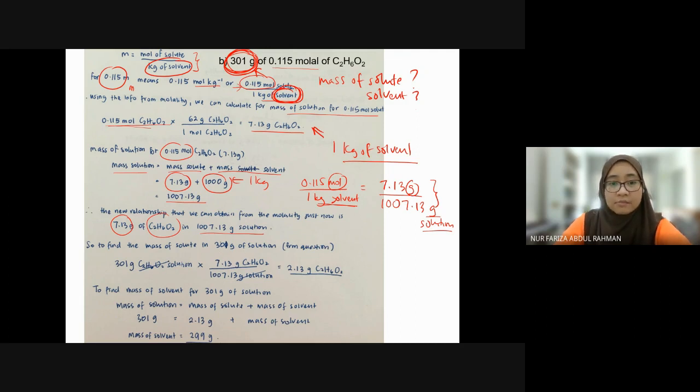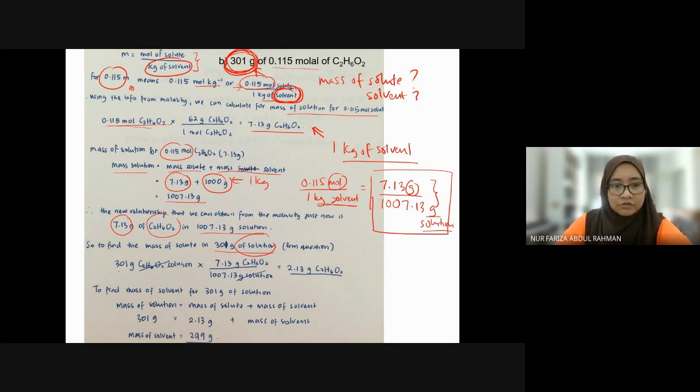So now remember, just now the question is given, the value is given in 301 gram of solution. That is why we need this information, to relate the value given in the solution, right?